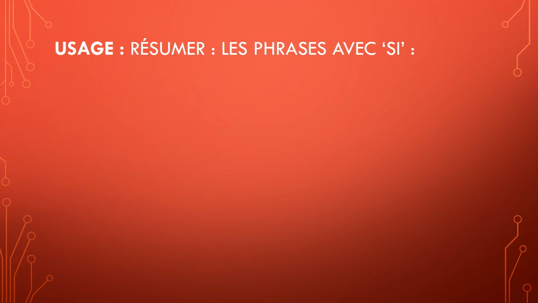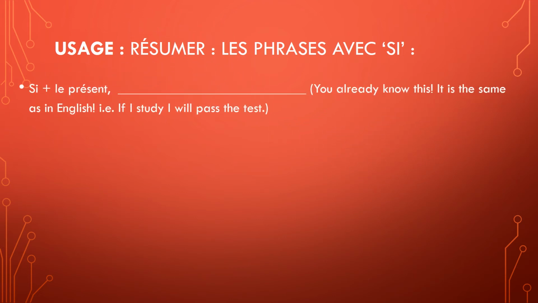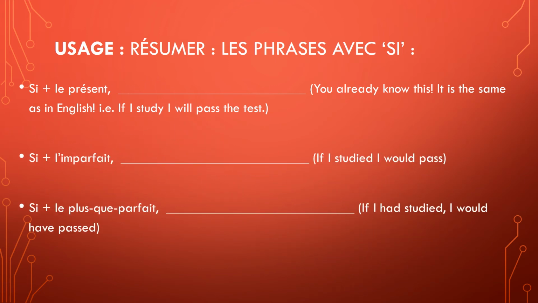So the reason we're looking at le conditionnel passé is because we can use it in sentences that use the word si, or if. We have a first example, a second example, and then now a third example of a sentence that uses si and different grammatical structures. Let's jump back up to the first one.